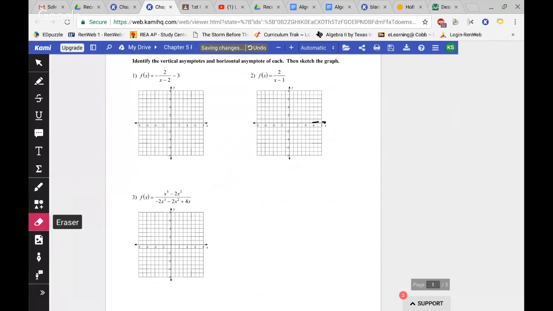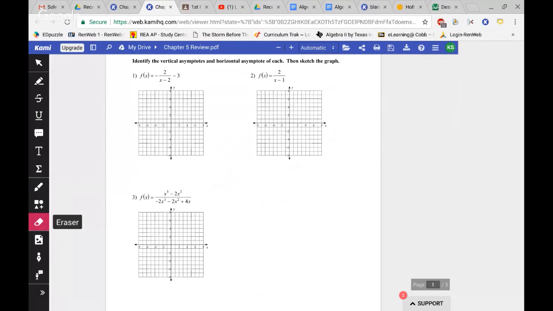Somebody said that when they did number 2 and put it into their calculator, the graphing line goes under the asymptote, and that's what confuses them.